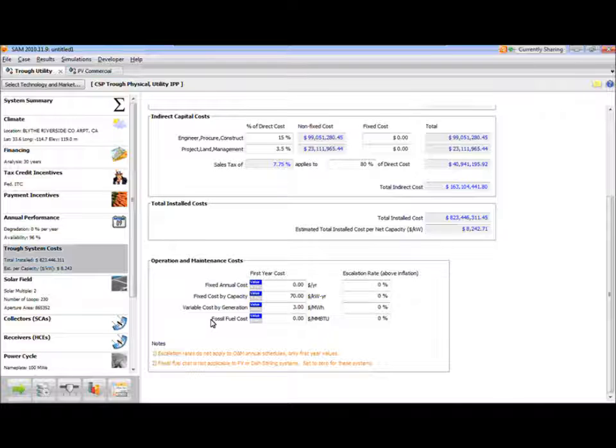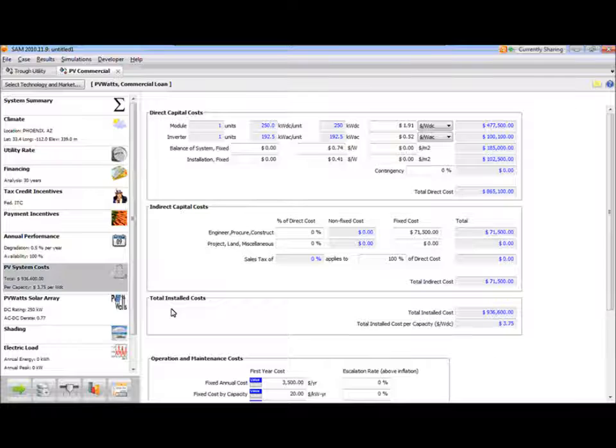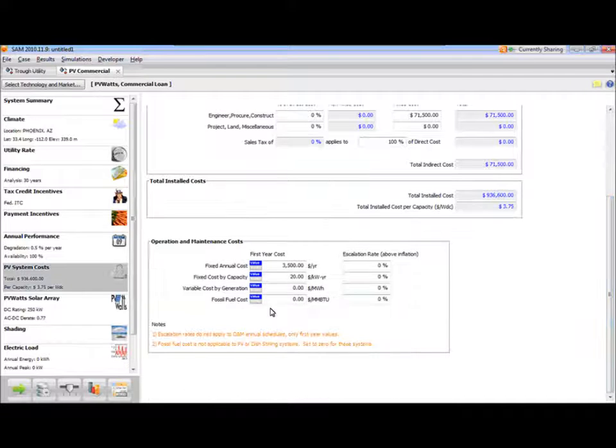And then for CSP systems that have a fossil backup unit, you can also specify the cost of fuel for the fossil backup unit. You'll notice that the O&M costs also appear for the PV systems, and you should just specify a value of 0 for those values for PV systems, because PV systems don't have fossil backup, but we were for some reason required from a programming perspective to include this value on all the cost pages.